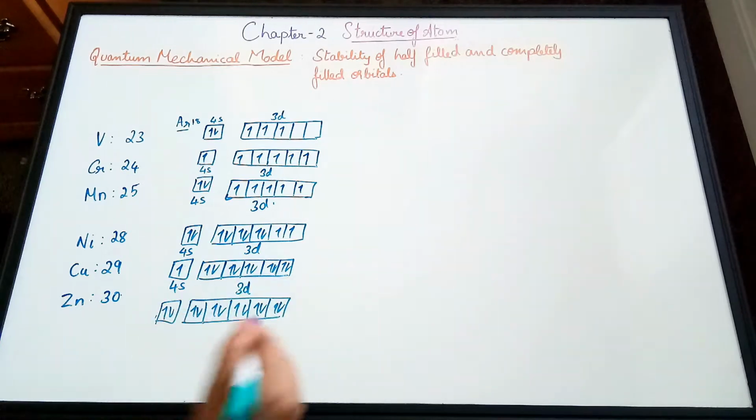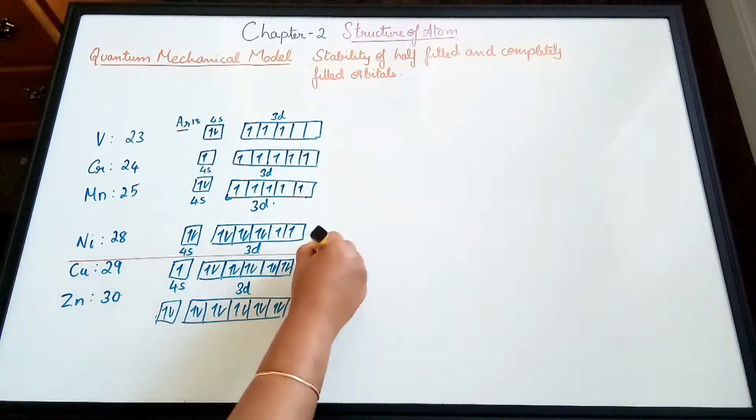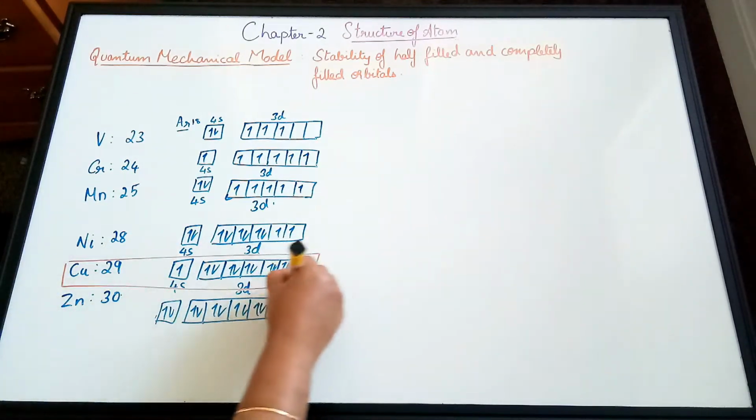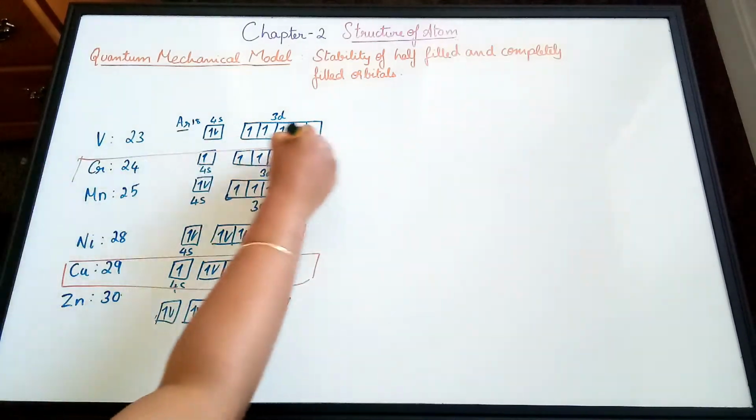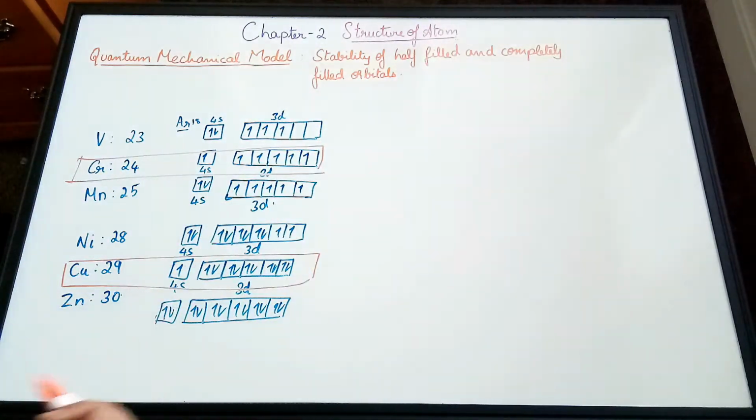Now, the reason this happened in the case of copper and chromium is that a half-filled and a completely filled orbital is much more stable than another type of orbital.